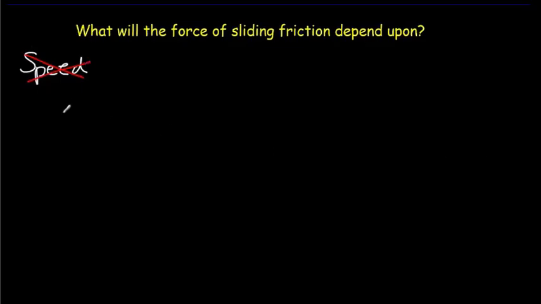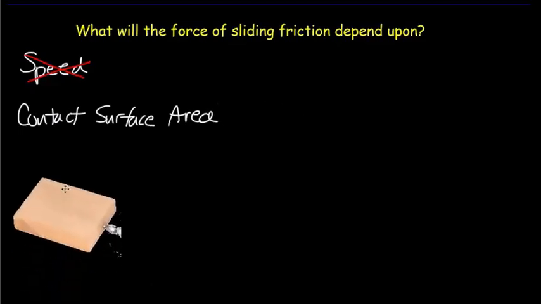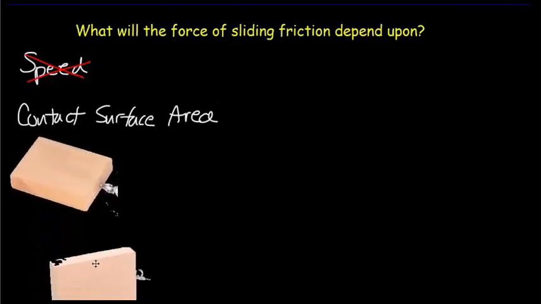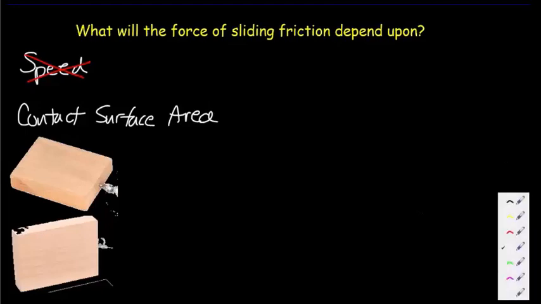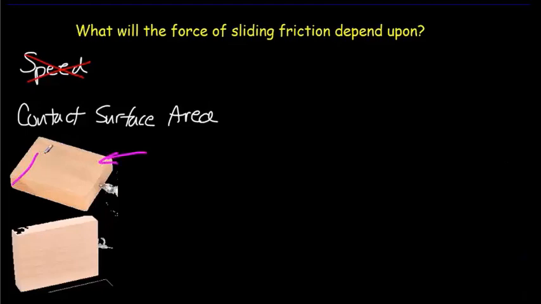Second guess you might make would be the contact surface area. So if I've got two blocks and I put one lying down flat and the other sitting upright, would I get the same or a different surface friction? Well, if we think about those microscopic bumps a bit, this block here has a larger surface area exposed. And that means that there's more bumps. But the bumps don't have as much pressure on them.